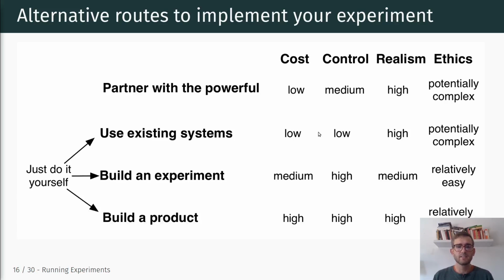And lastly, and this is probably the largest, on the one hand a high reward potential route for implementing your experiment, but of course it needs a lot of infrastructure and startup costs, which is kind of building your own product.